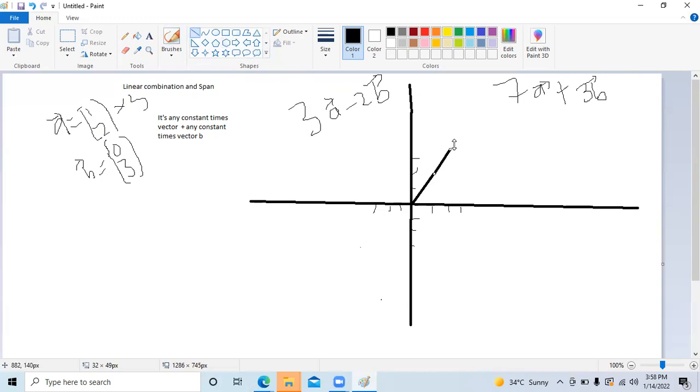Scaling it up by 3 will be something like this. So this is 3a. 2b, right? Since b is 0 on the x-axis and 3 on the y-axis, 2b would look something like this. So this is 3a and this is 2b.